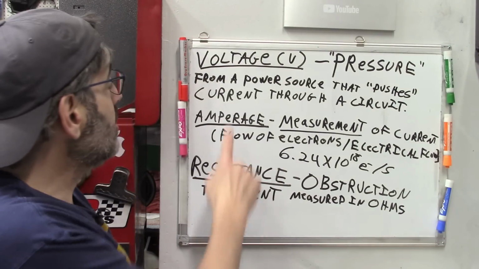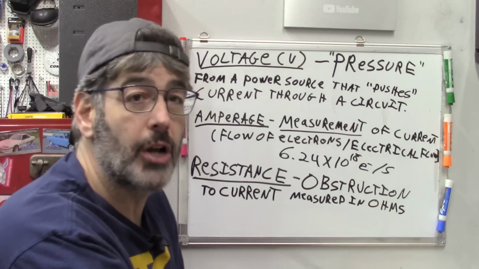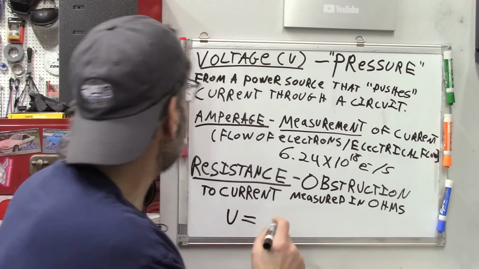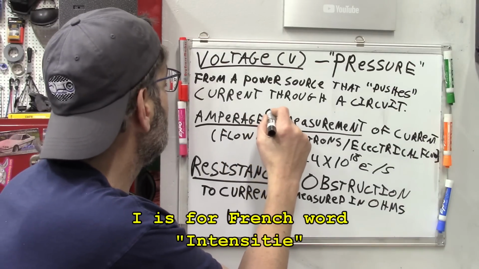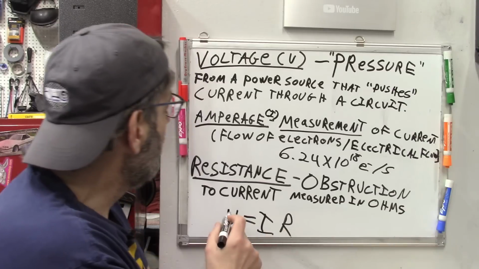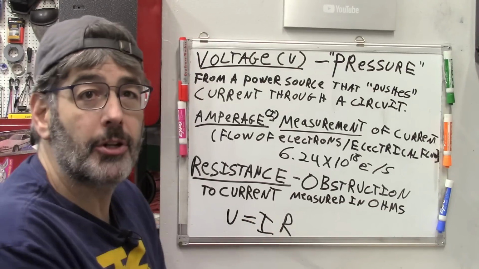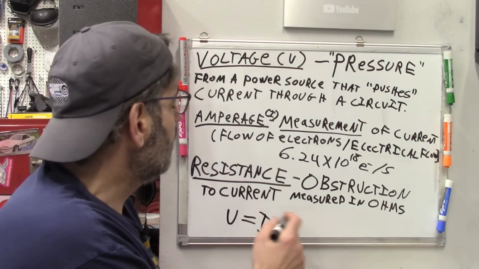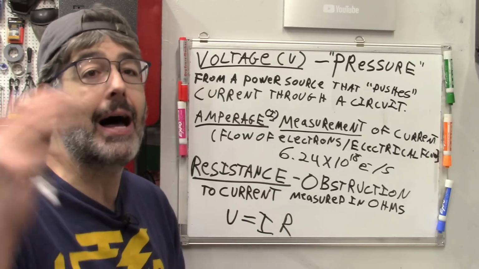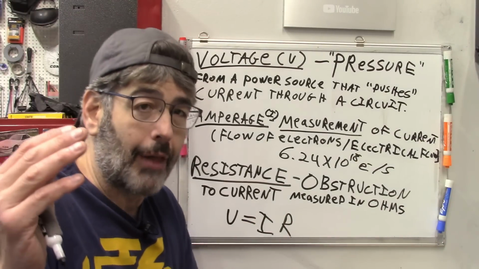Now, there's a relationship here between these, as you know, with Ohm's law, where V equals I, amperage or current will be I in this formula. Voltage equals your amperage times resistance. So if you're any good at math here, you can see that the relationship would be the higher the resistance, the less the flow.